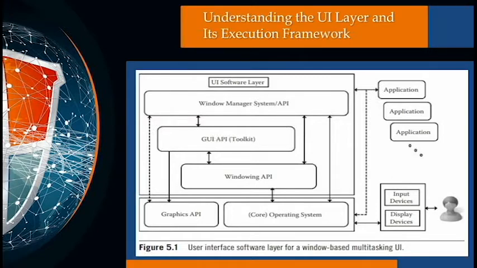For example, when you open windows, they open first. The moment you click one window, the Windows Manager is what controls it. So that is understanding the UI layer and its execution framework.